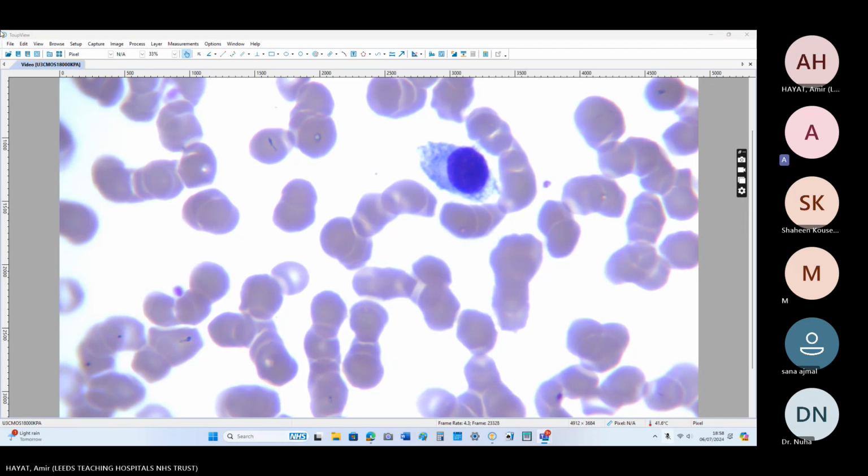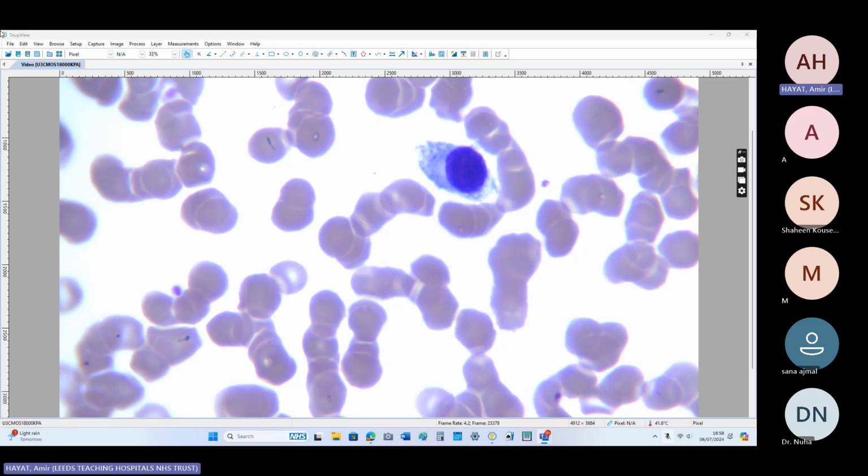Or on immunohistochemistry, I can confirm by TRAP positivity and BRAF protein. Remember, this blood film was from a GP.